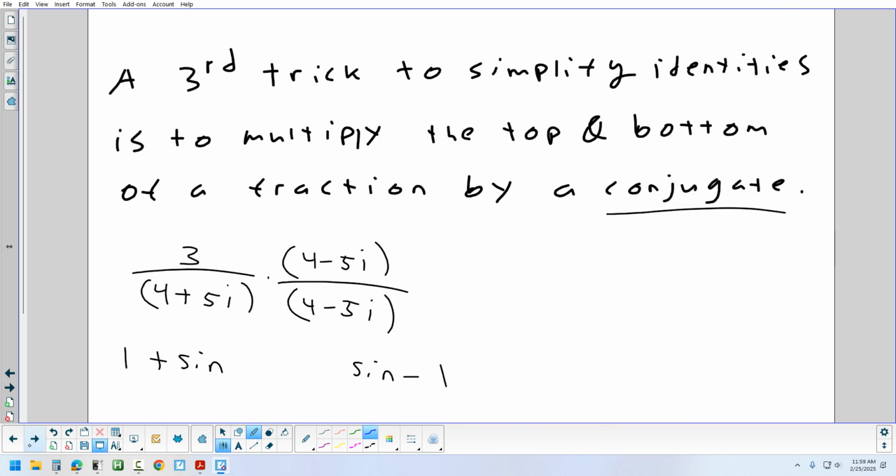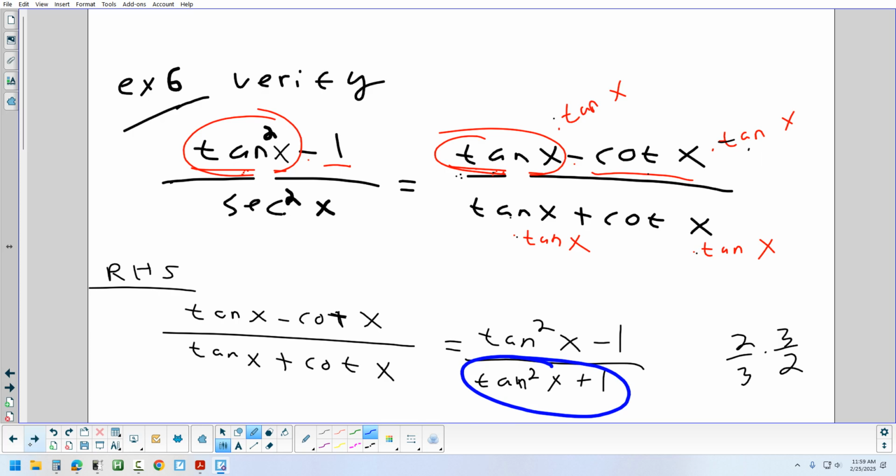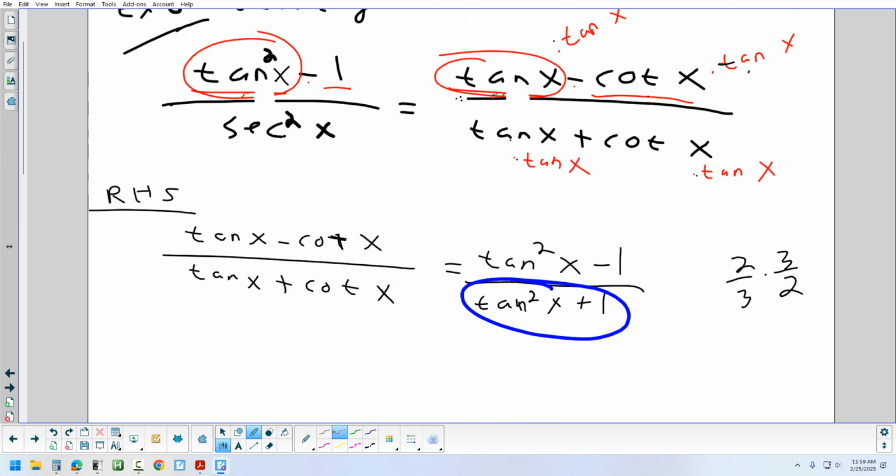And that's because of the Pythagorean identity. Okay, so let's keep the top the same. And we just said that tangent squared plus 1 turns into secant squared. And that's what you have on the right. And then look what's on the left. It's exactly the same thing.